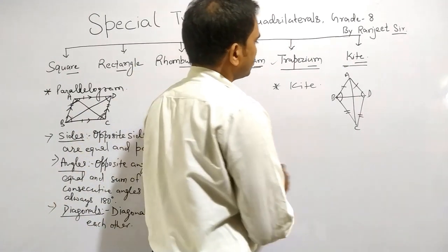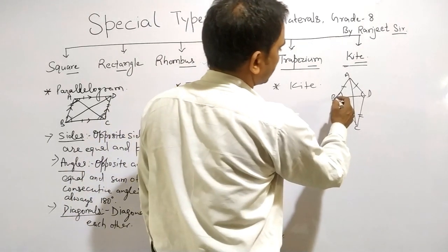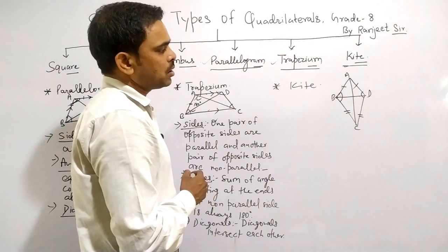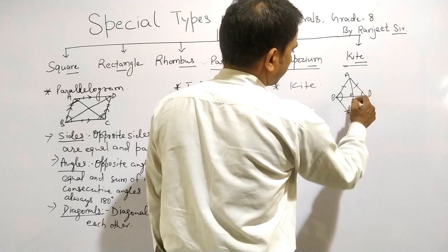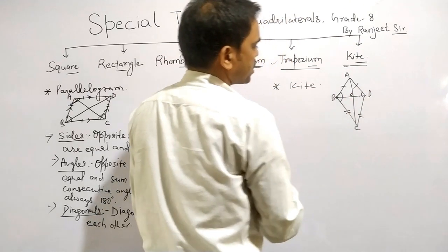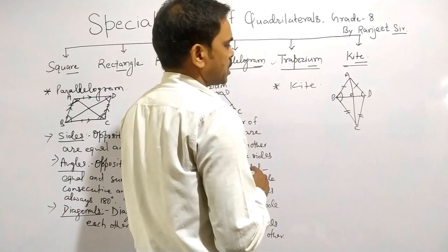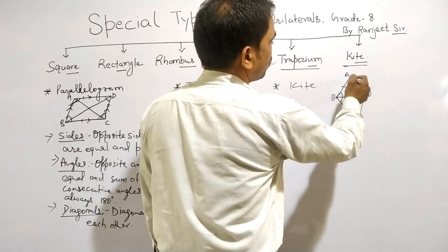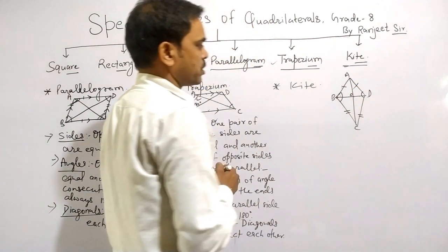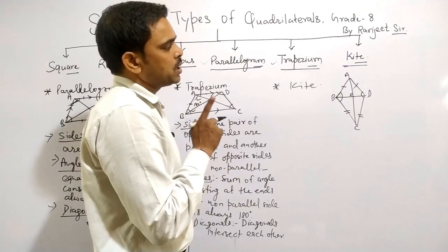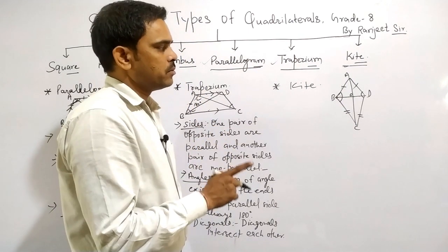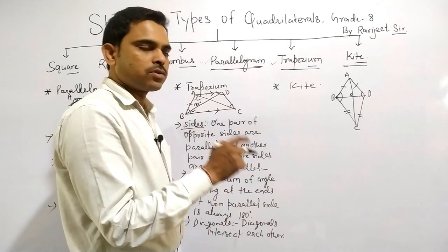So that you write. Means if BD is 8 centimeter long, so it will become OB equals to OD. Means OB will be 4 and OD also will be 4 centimeter. But it doesn't mean that OA and OC will be also equal. Okay, only the longer diagonal will bisect the shorter one.